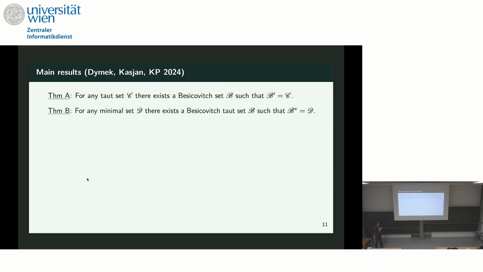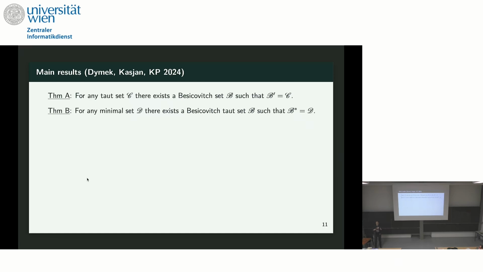Theorem A says that for any taut set C, there exists a Besicovitch set B, a set whose set of multiples has density, such that C is precisely the tautification of B. And also for any minimal set D, there exists a Besicovitch taut set such that D is B star.